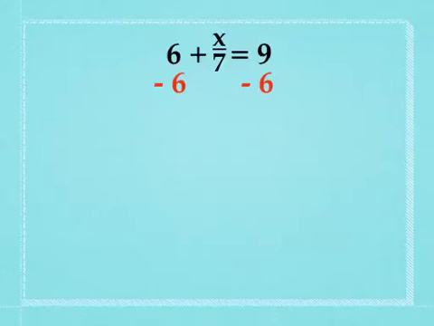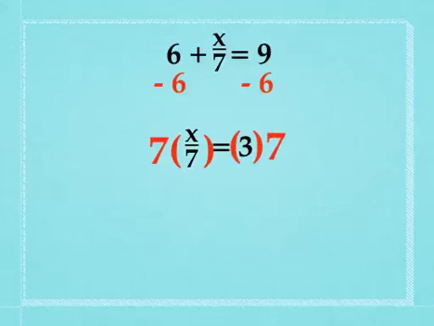That's going to leave me with x divided by 7 equals 3 because 9 minus 6 is 3. Now I need to get rid of dividing by 7 by multiplying by 7 on both sides. When I do that, my 7's cancel out on the left, leaving me with just 1x equals 7 times 3 is 21.